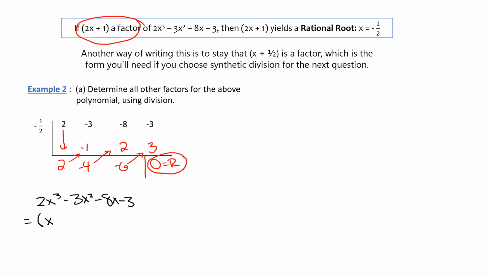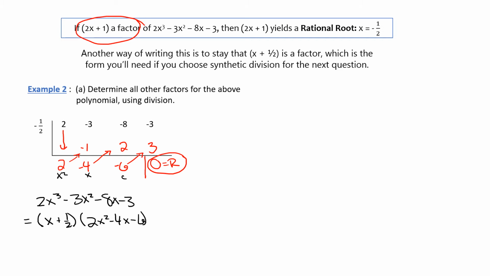We actually used the 1/2, right? So that's what we have to put here, x plus 1/2. And what I was left with, so this is my x squared term, this is my single x term, and this is my constant: 2x squared minus 4x minus 6.